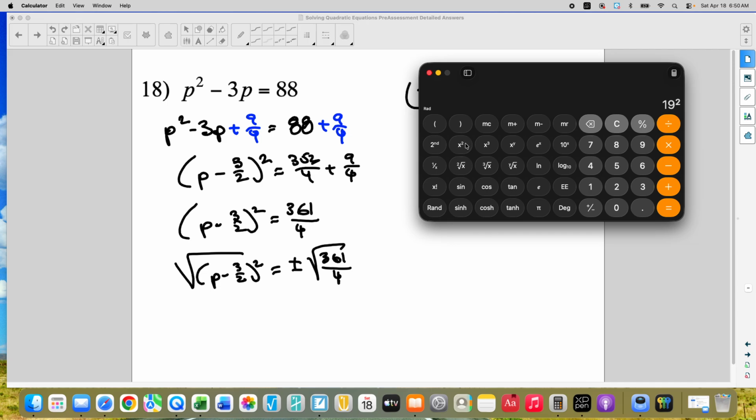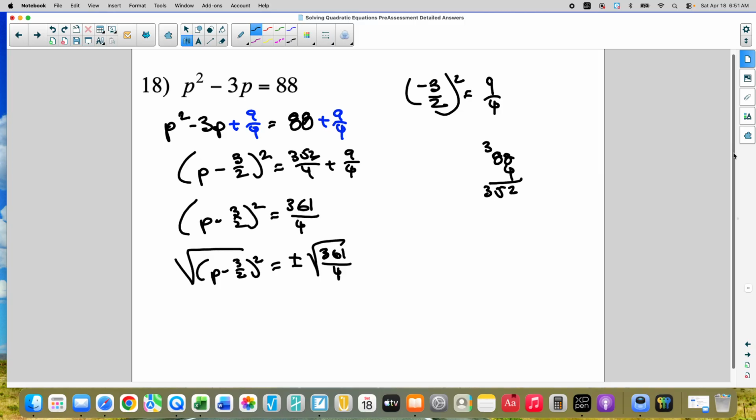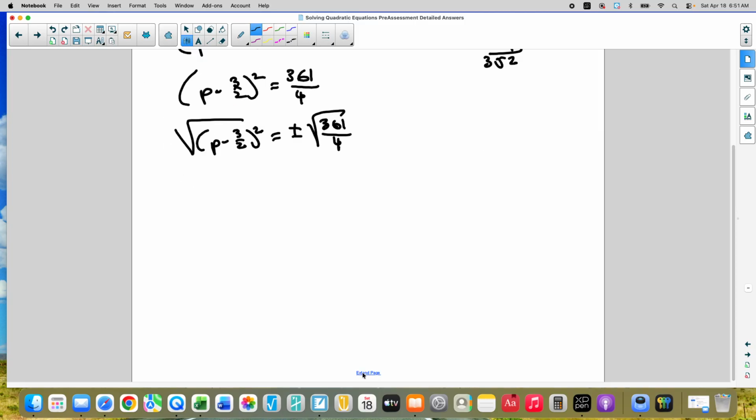19 squared equals 361. See what happens when we do it, we add another perfect square that we start recognizing. p minus 3 halves equals plus or minus 19 over 2. Don't forget to square root the denominator.